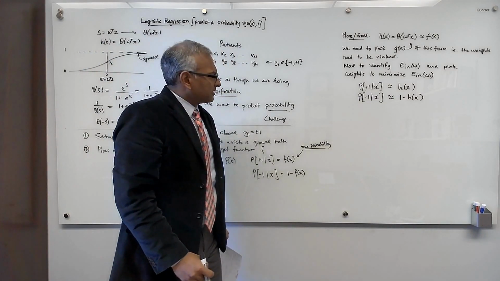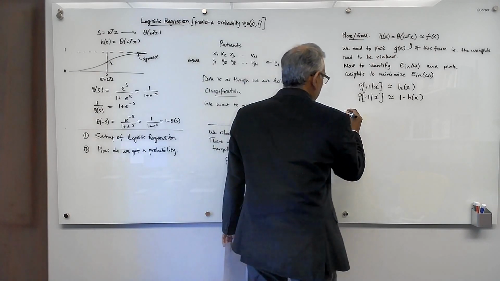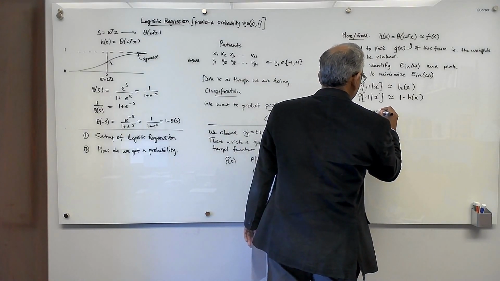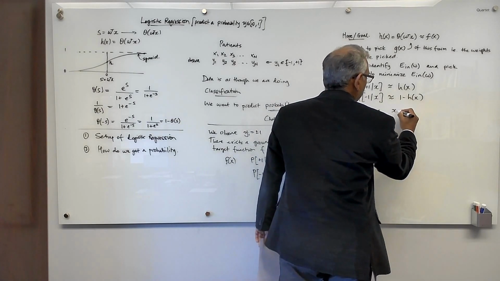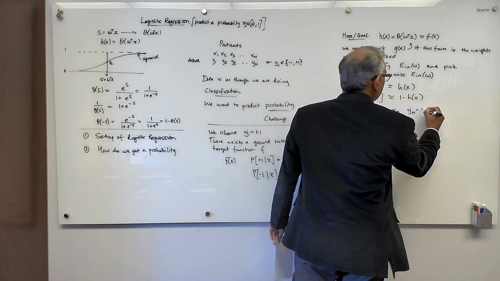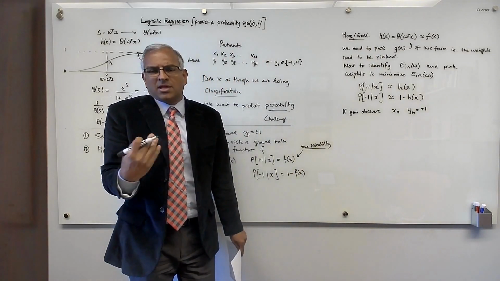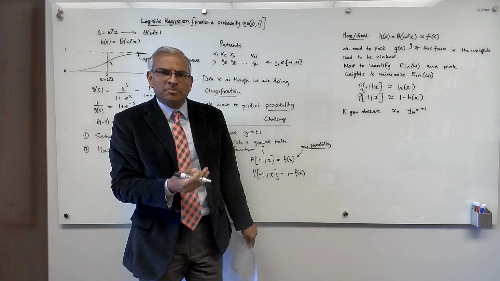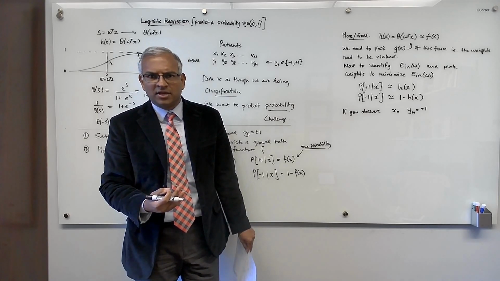So what this means is, if you observe a data point x_n for which y_n is +1, it seems more likely that the probability of getting +1 is higher than the probability of getting -1.